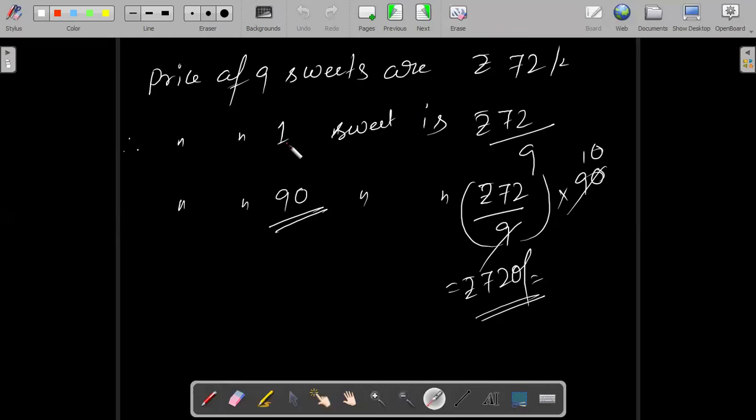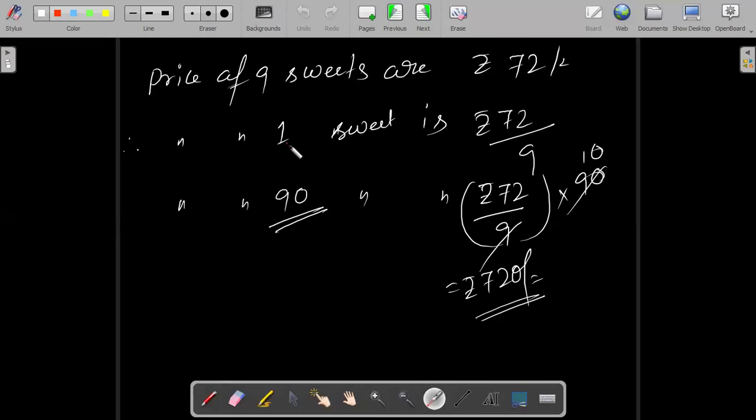So there is a direct relation. For 9 sweets, whatever may be the price, for 1 sweet, as I decrease the sweets, the price of 1 sweet has to reduce. So that's why we have divided 72 by 9. We need to make a division. So that's why 72 by 9.